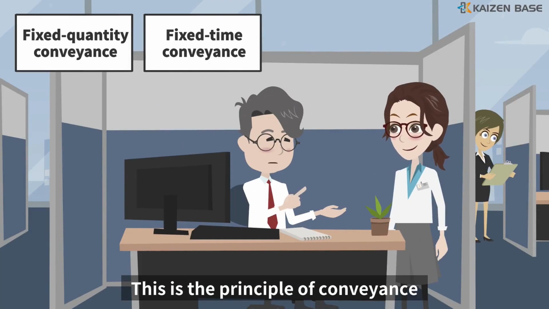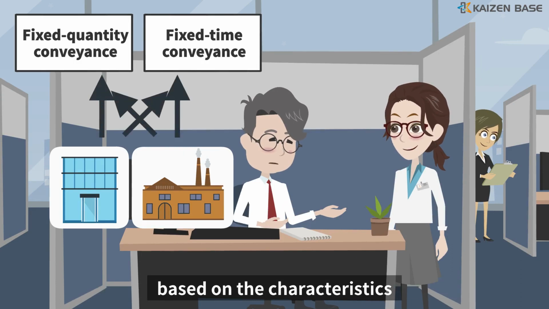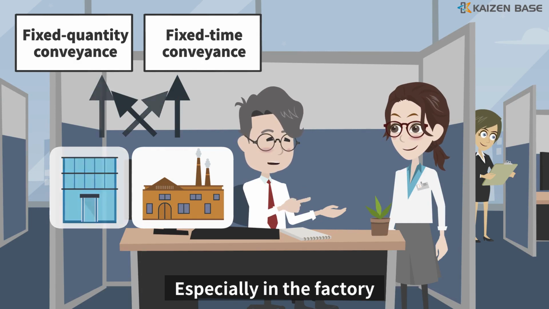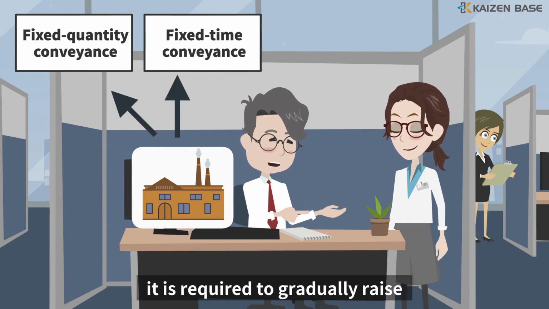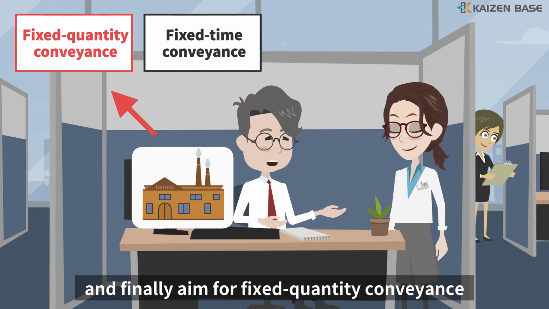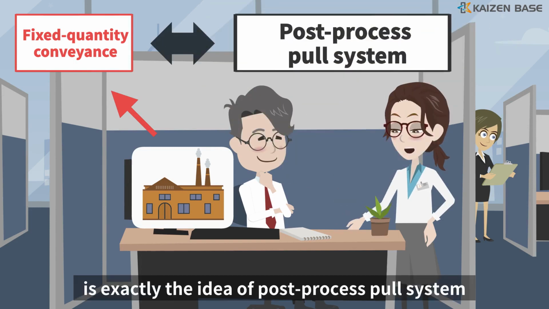This is the principle of conveyance, but it is highly recommended to make a choice based on the characteristics and management level of the company and factory. Especially in the factory, it is required to gradually raise the level of logistics management and finally aim for fixed quantity conveyance. I see. Fixed quantity conveyance is exactly the idea of post-process pull system.